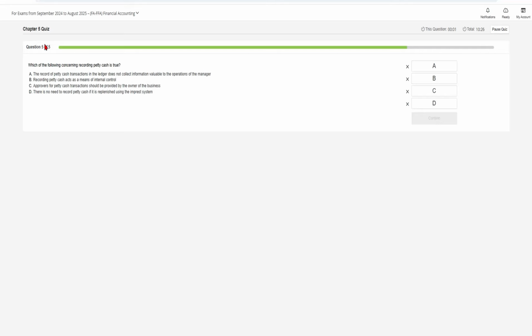Now, next question. Which of the following concerns regarding petty cash is true? So, I must say you guys know about petty cash. Basically, it's a small amount of cash kept for minor expenses like celebrating your employee birthday, tea expense, postage, a small office item like a pen. For this kind of expense, we keep a certain amount of cash in the office.